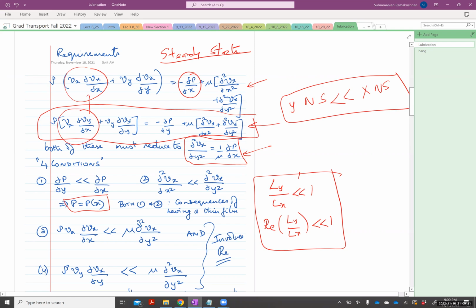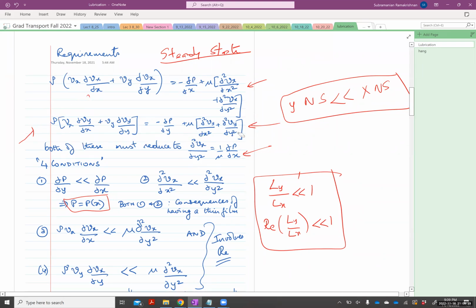The y Navier-Stokes does not come into play, because these terms are negligible compared to the x Navier-Stokes. Now let's look at the x Navier-Stokes. The only terms that come into play after the simplification are this and this.